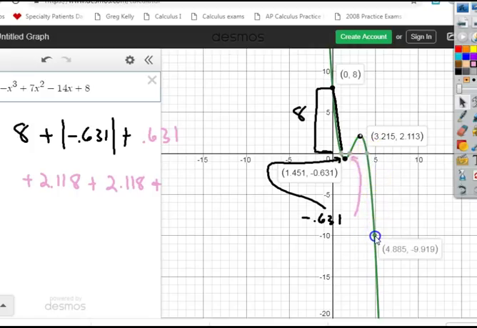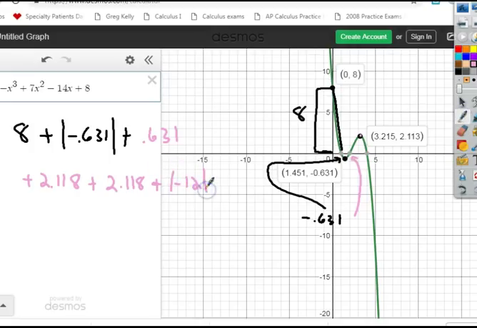It looks like it meets 5 right around there. A good estimate for it is about here. So at 5, negative 12, that's another coordinate. You can see that right there. So negative 12 is its depth. So I'm going to add the absolute value of negative 12 to it.